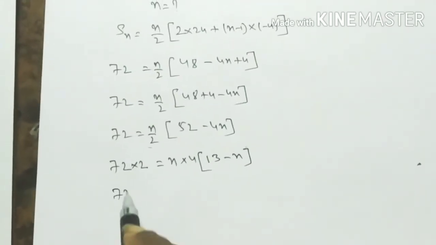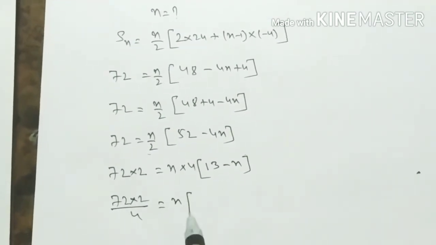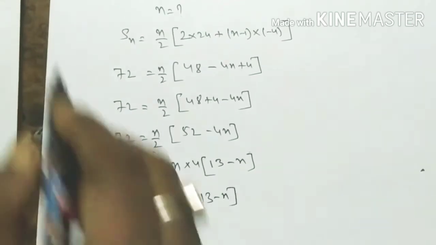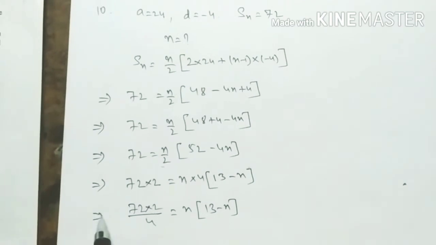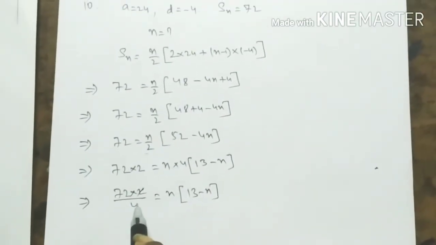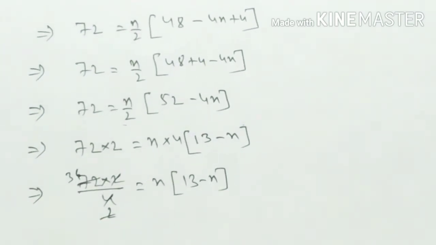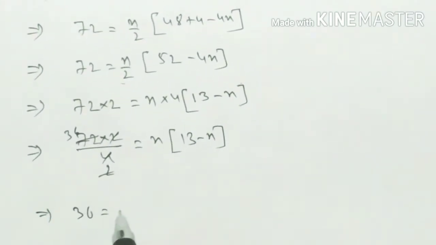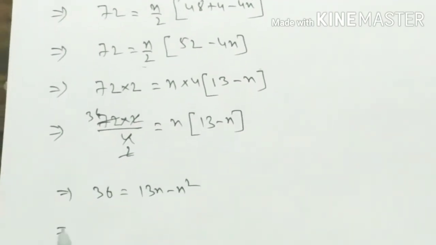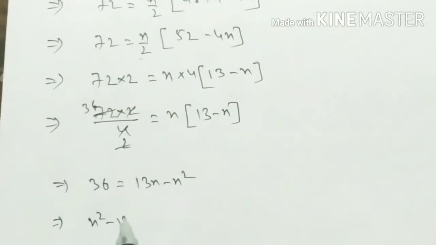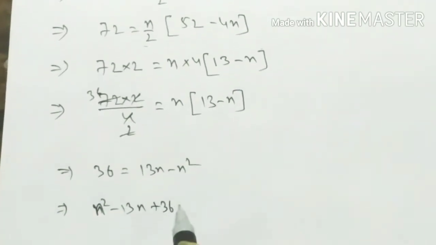Now 72 into 2 divided by 4 is equal to n into (13 minus n). 2 3s are 6, 2 6s are 12, so 36 equals 13n minus n square. This comes out to be n square minus 13n plus 36 equal to 0.